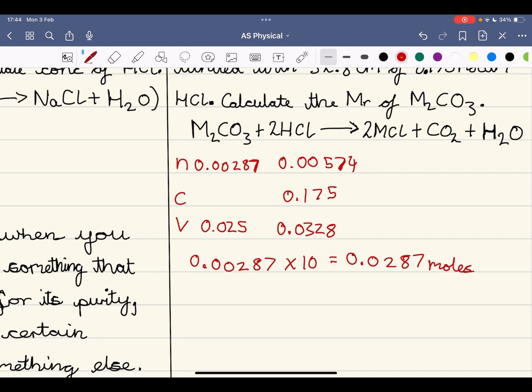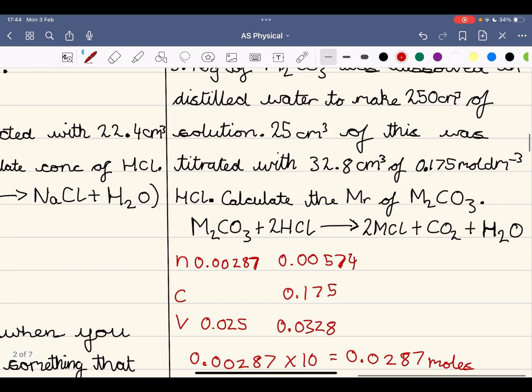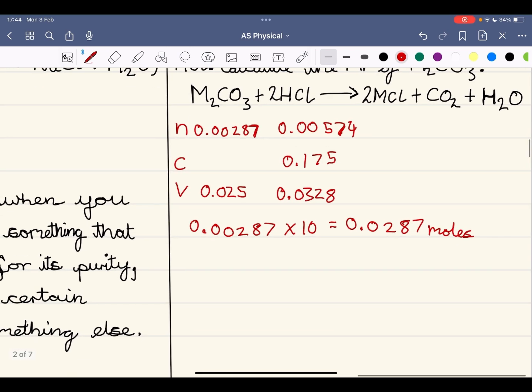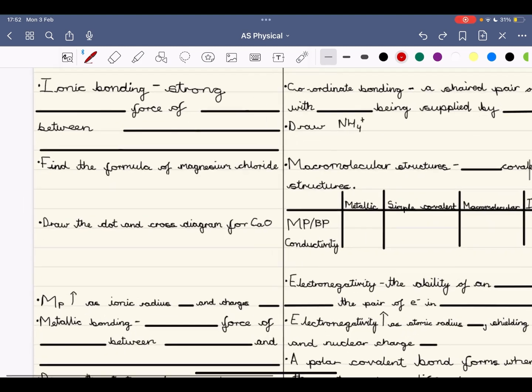So now we know that in 3.96 grams of M2CO3, we have 0.0287 moles. So that means I can just do mass divided by moles to work out the MR, and I get that the MR is 138.